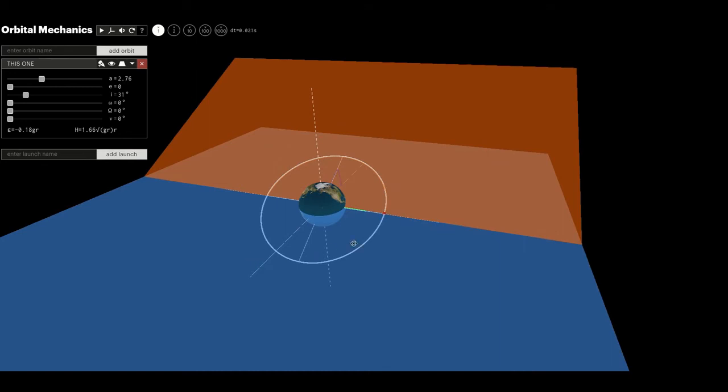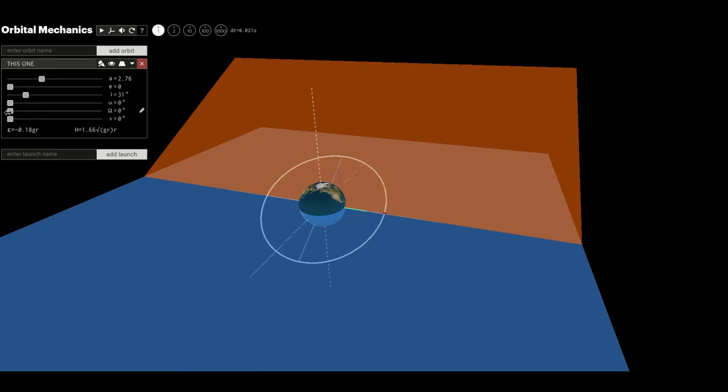This is where the satellite orbits the Earth. So on this side it is ascending, and it's the point at which the satellite pierces the equatorial plane as it ascends. So it's the right ascension. It's ascending over here and it's piercing that orbital plane.